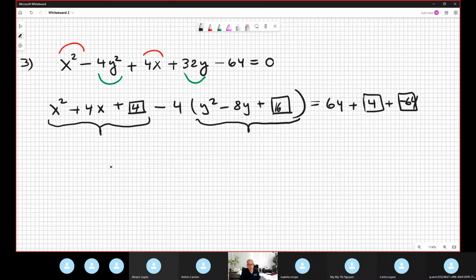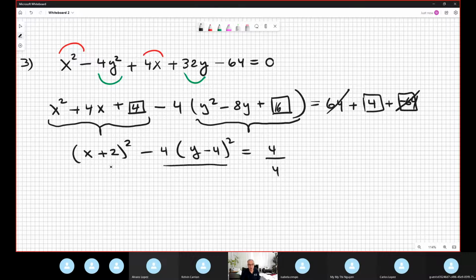Yes. Okay, now factorization. The factorization of this trinomial is x plus 2 squared minus 4, and the factorization of this trinomial is y minus 4 squared. In the right-hand side, positive 64 and negative 64 is cancelled, and we have 4. Finally, divided by 4 everything.